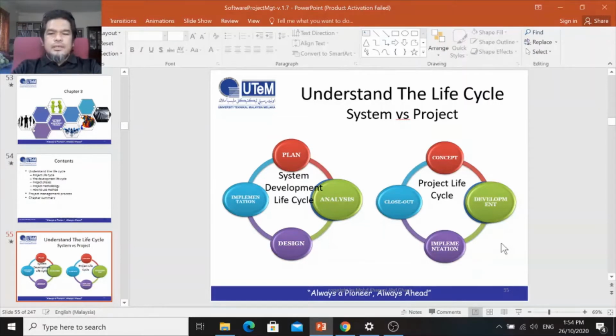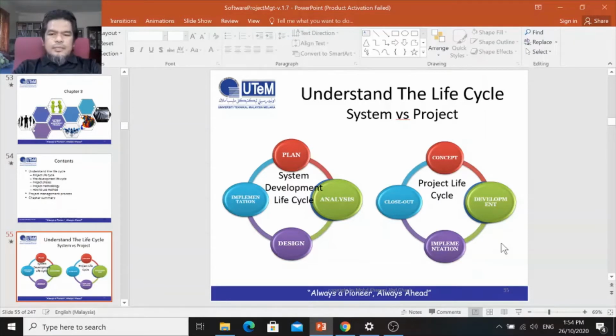So, what is the difference between project lifecycle and system development lifecycle or software development lifecycle? We will touch on the project lifecycle first, I will describe it, and then we will discuss how the system development lifecycle will be adapted in the project lifecycle.